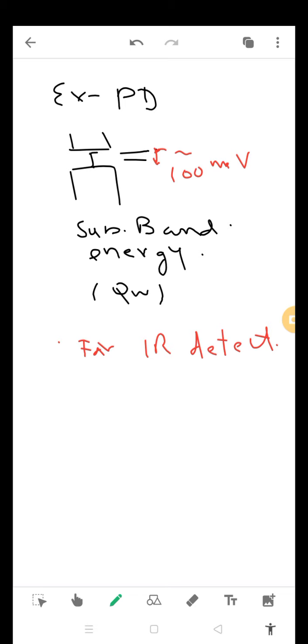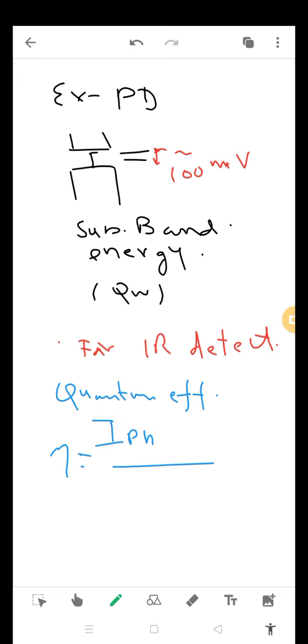Now the quantum efficiency of a photodiode is eta equal to IPH by q, divided by P by h nu.